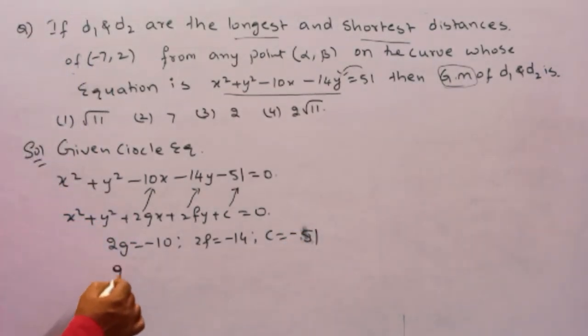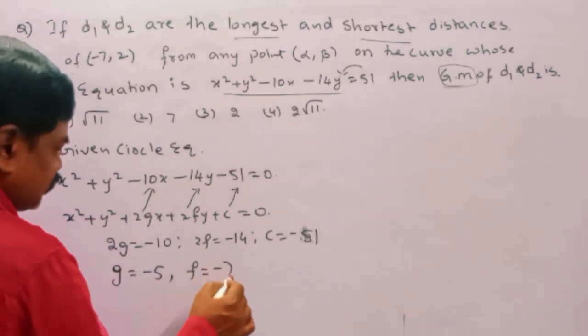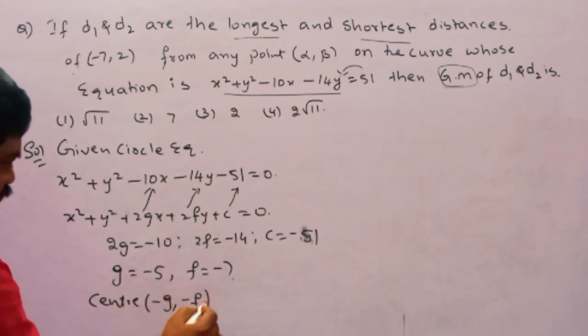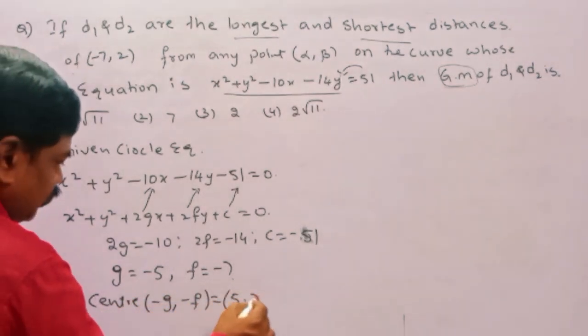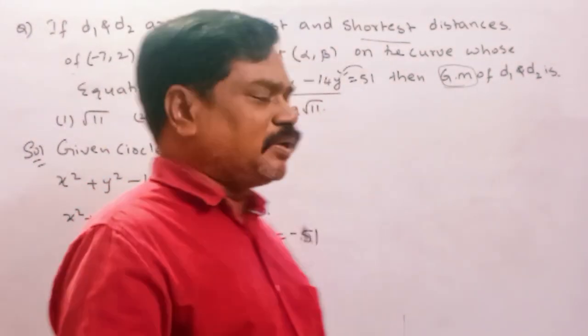So the g value is −5, the f value is −7, and the center (−g, −f) = (5, 7) is the center of the circle.